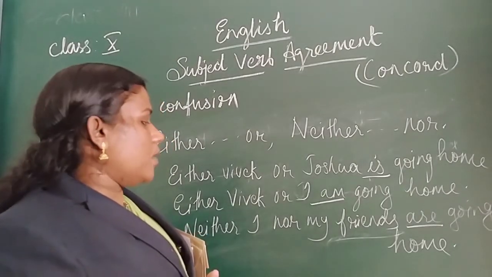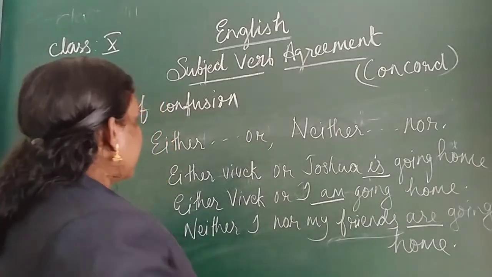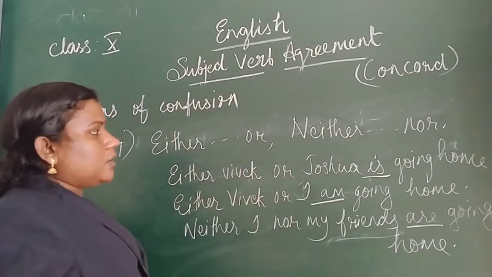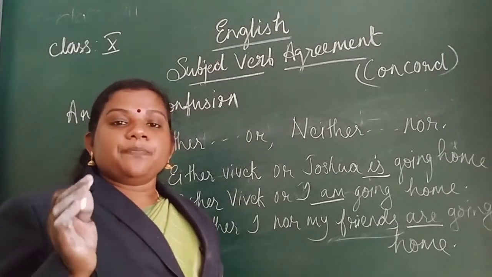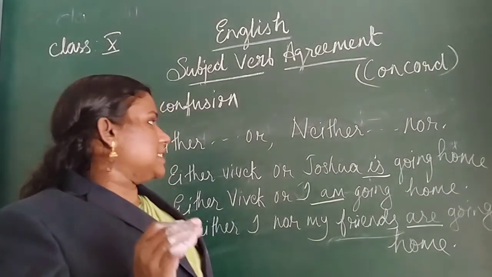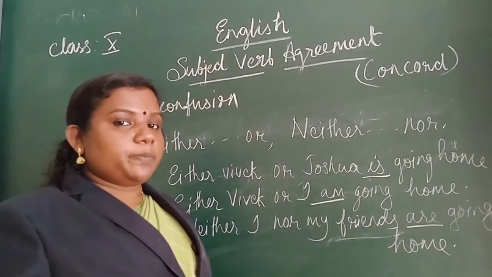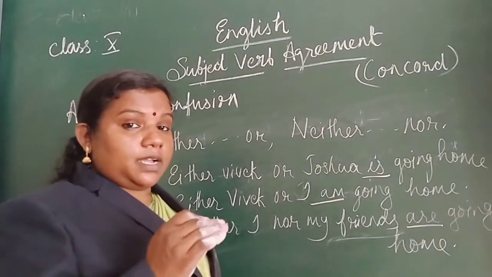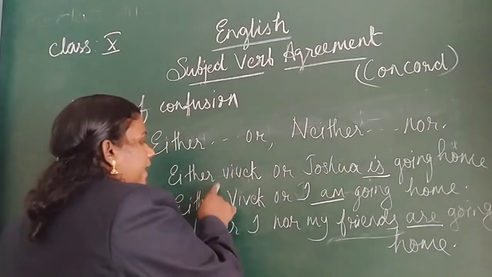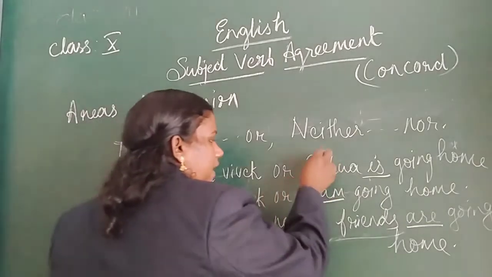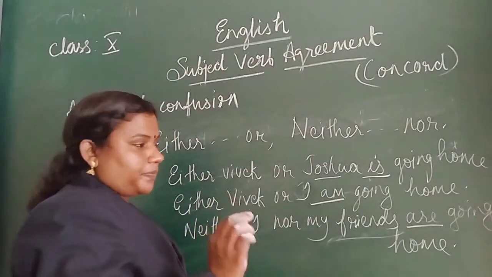Neither I nor my friends are going. So how can we use either or, neither nor? If in a sentence we are connecting nouns by using either or, neither nor, the verb will be according to the closest subject. Either Vivek or Joshua: here Joshua is the closest noun.